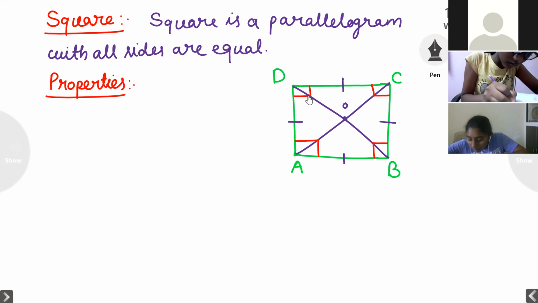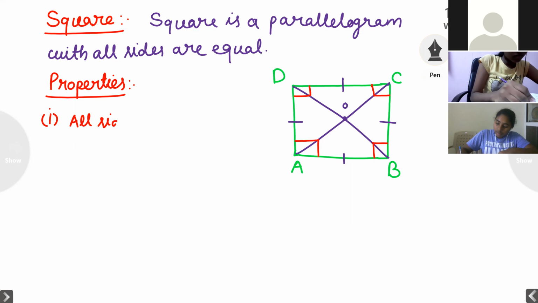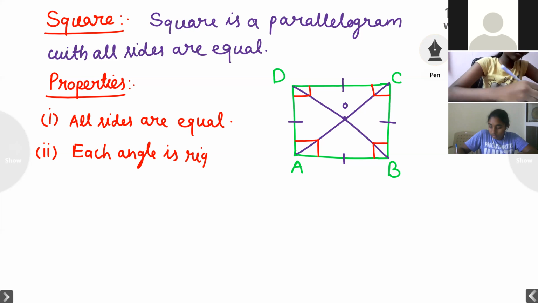Sorry. First property, all sides are equal. Second property, each angle is a right angle.